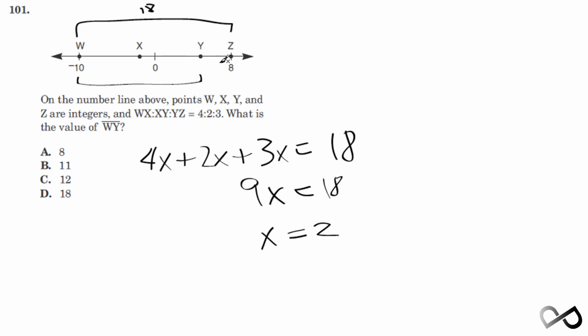That little segment there is going to be 3x. So 2 times 3 is going to give us 6. So we know that this segment right here is 6, and the total distance from w to z is 18. So 18 minus 6 gives us 12, and that's our answer, letter C.